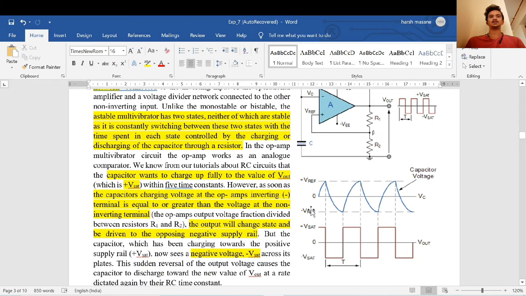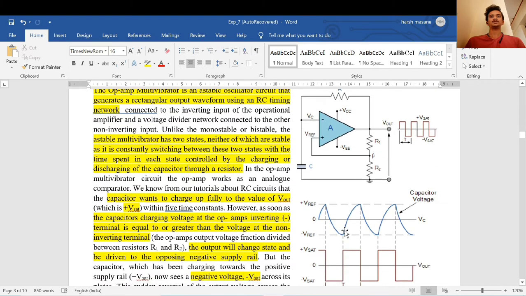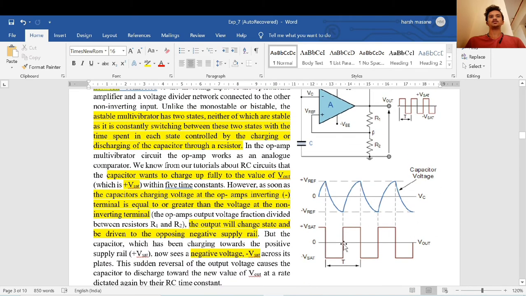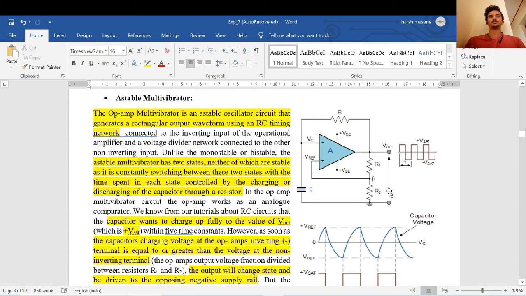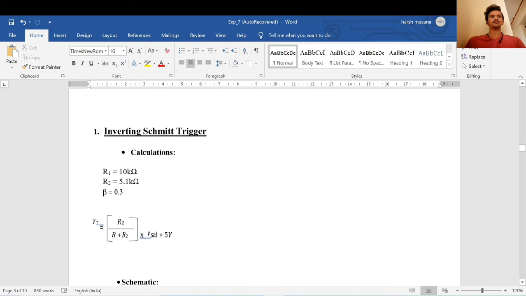As you can see, when my capacitor is charging, my output goes to plus Vsat, and when my capacitor is discharging, my output goes to minus Vsat. In this fashion, we get a square or rectangular wave at the output. Let's see the calculation for it.